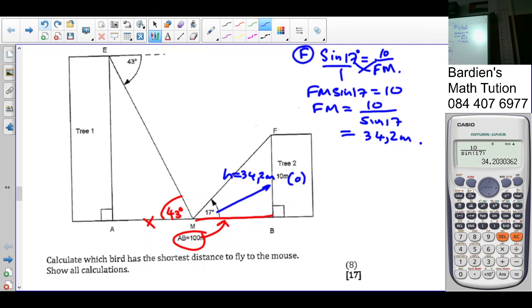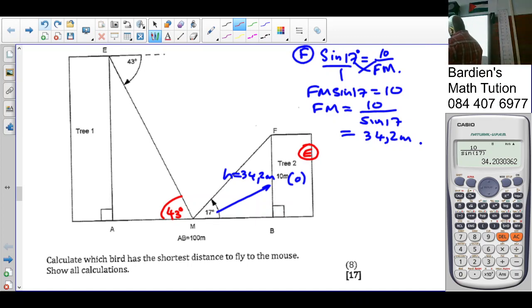Alright. So for the eagle, the distance the eagle needs to fly, how are we going to calculate MB? Pythagoras, or I could have used opposite and adjacent, which is tan. I could use any one of the two. We'll go with tan.